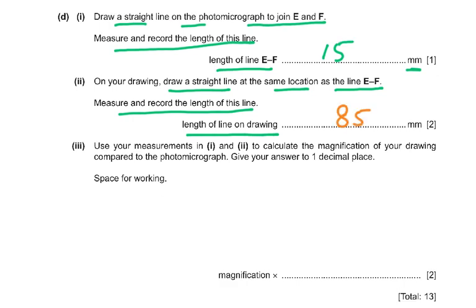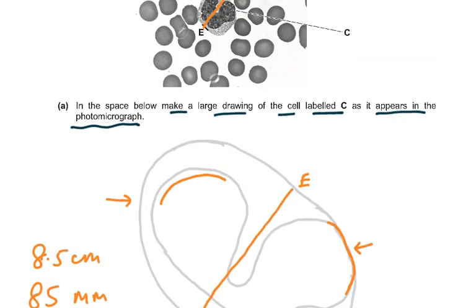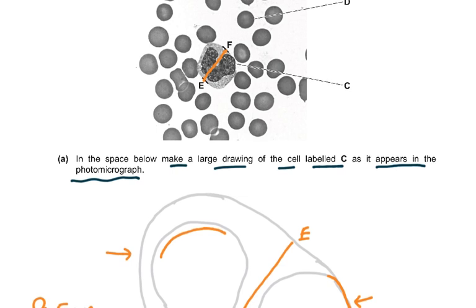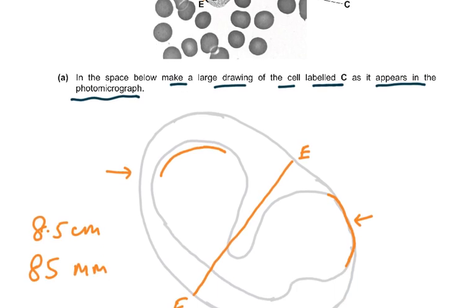You had to draw a line on the photomicrograph and then a line on your drawing. If you look here, I've drawn the line E to F, the orange line, and then I've drawn it on the drawing.